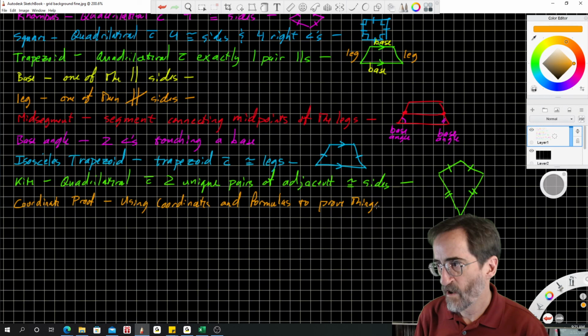So I should have said given this, prove AB is parallel to CD.